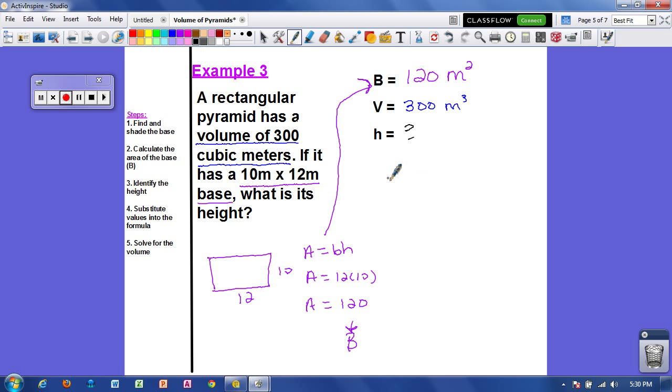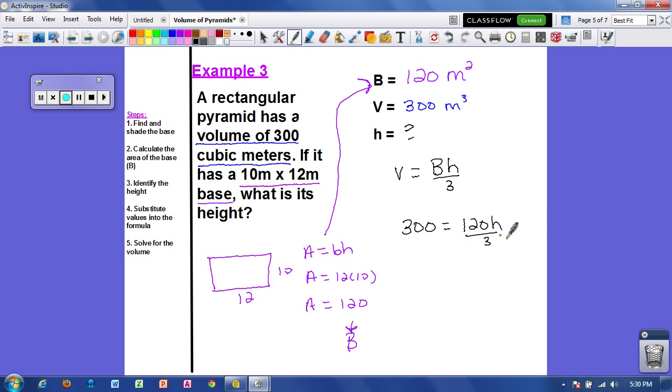So we know that volume of a pyramid is the area of the base times the height divided by 3. So 300 equals 120 times the height divided by 3. Now I have a two-step equation.